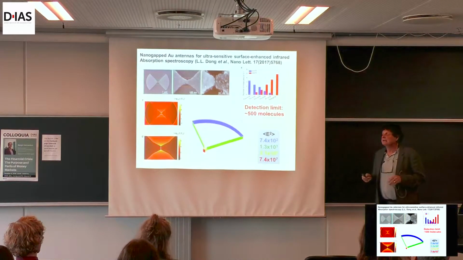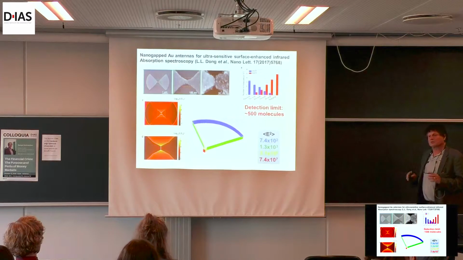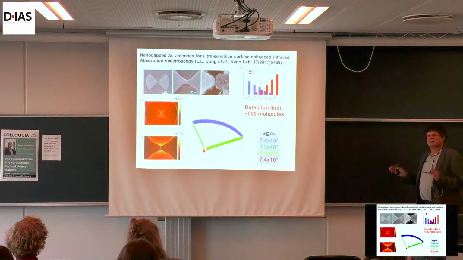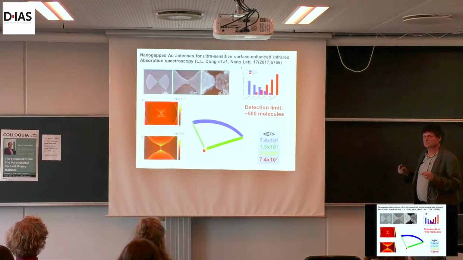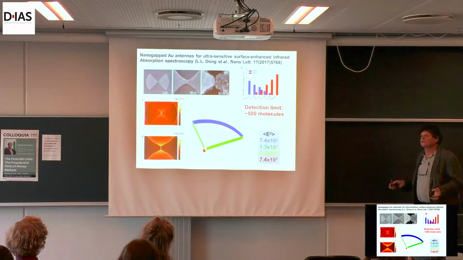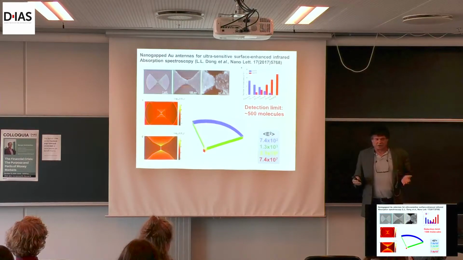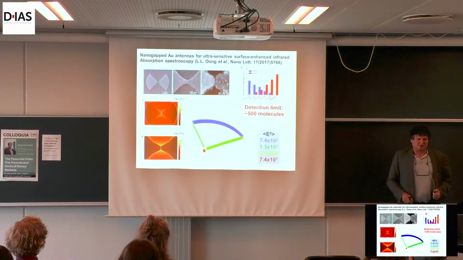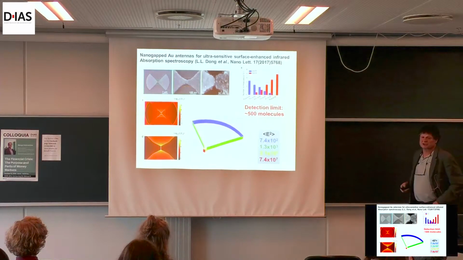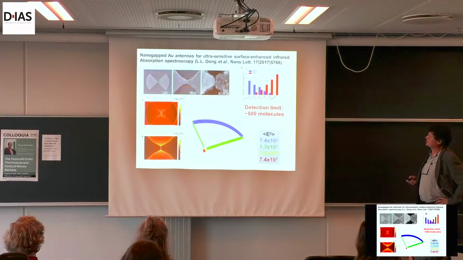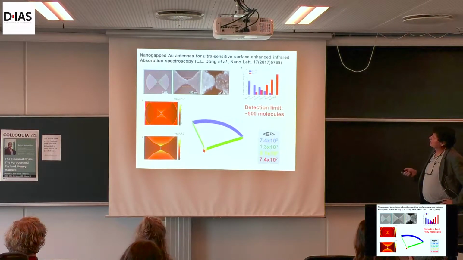It's square. But everybody wants to do this, because if you could push SEIRA, surface-enhanced infrared absorption, to the single molecule, you would have a wonderful chemical method where you could really do chemical analysis without knowing the substance you put in. You could do that for an arbitrary mixture.